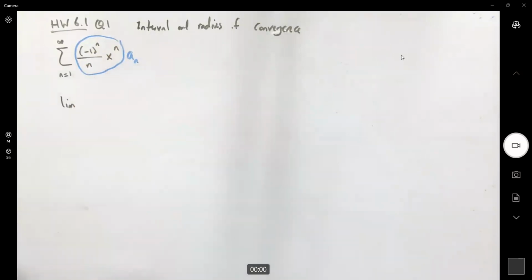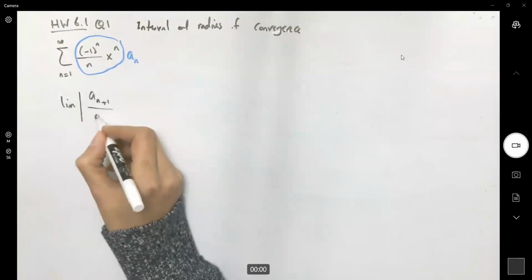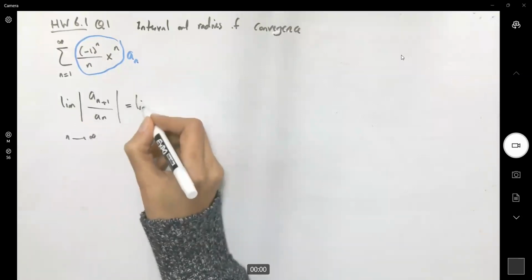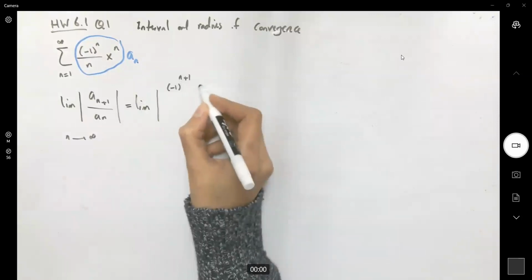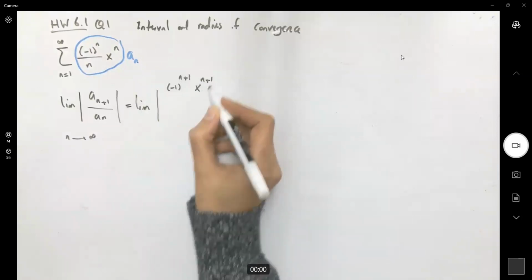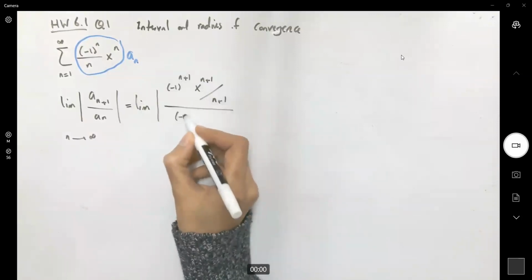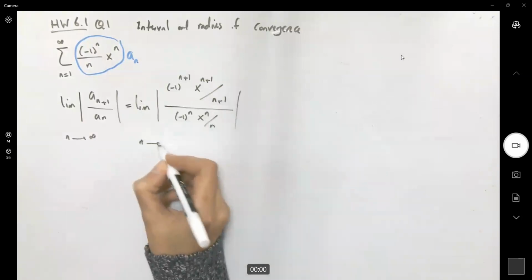You need to find the limit of the absolute value of a_(n+1) divided by a_n as n goes to infinity. So for this case, the limit of (-1)^(n+1) x^(n+1) divided by (n+1), over a_n, which is (-1)^n x^n divided by n, as n goes to infinity.